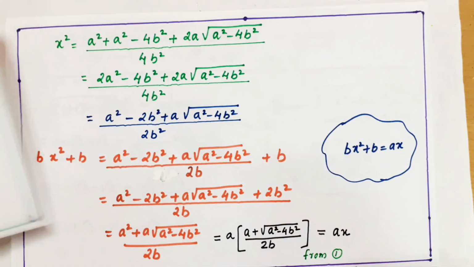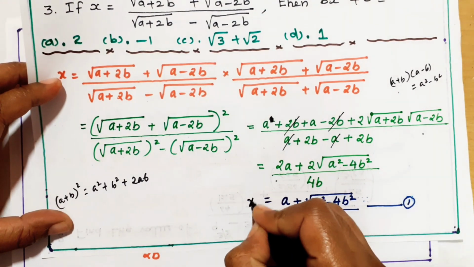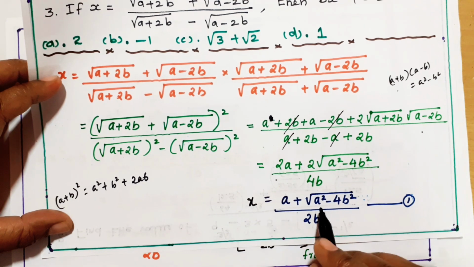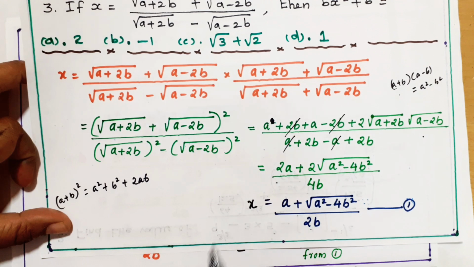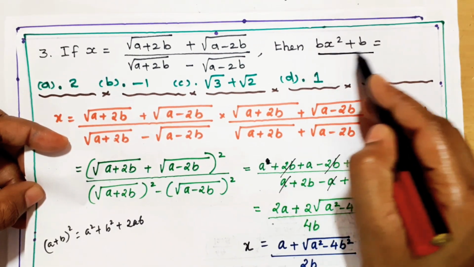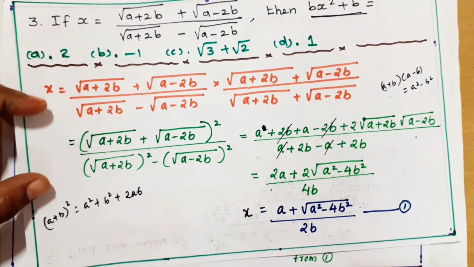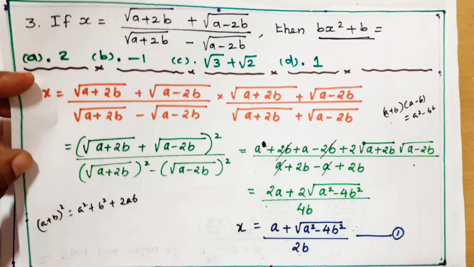Right? Now, what I got just now is x equals a plus root over a square minus 4b square by 2b. But in the question you check it, I need bx square plus b. I got only x, so I need to square the term.